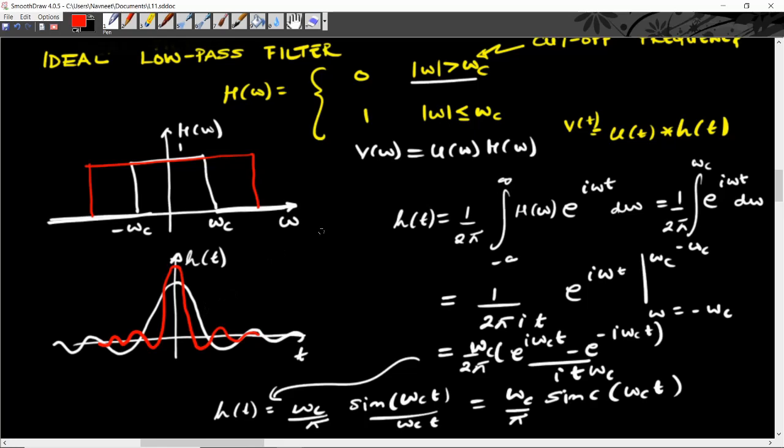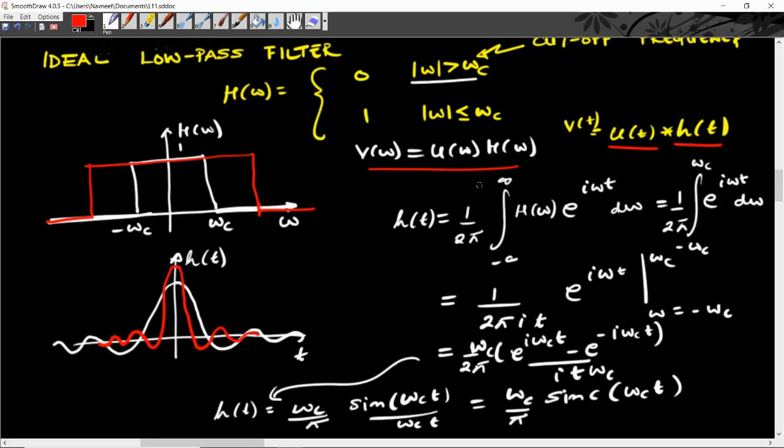Consequently, if we perform convolution of our input signal u of t with an impulse response function that is a sinc function which is narrow, then we would still retain certain high frequencies in the signal because my cutoff frequency is now higher, and therefore not all of the high frequencies are zeroed out upon multiplication in the frequency domain.